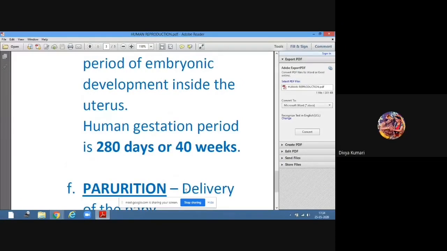Yes, ma'am. Repeat, ma'am, insemination. Okay. What is insemination? Insemination is the transfer of male gametes into the female genital tract. If you remember, in flowering plants, we did pollination. What was pollination? Pollination was the transfer of male gamete to the style.